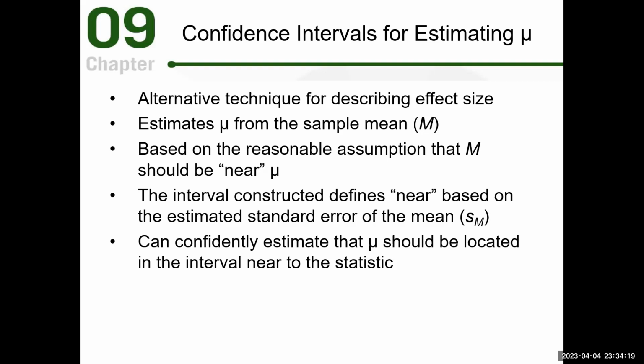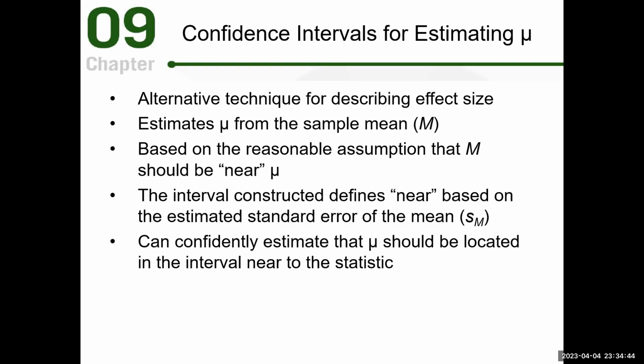So based on the assumption, we know that the sample mean should be fairly close to and be able to approximate the population mean, right? And so we want to be able to estimate the population mean from the sample mean. And so we use an interval that defines how near, based on the estimated standard error that we've used, okay?